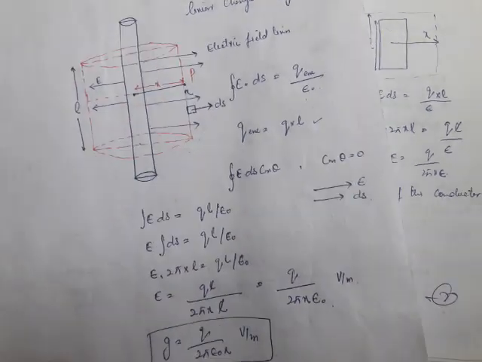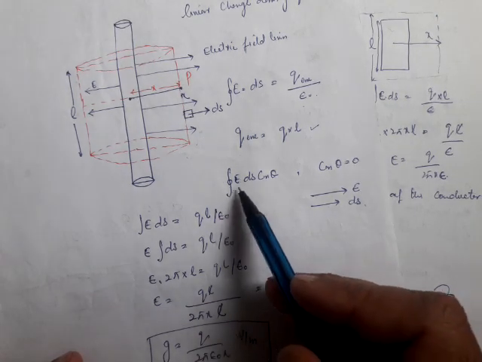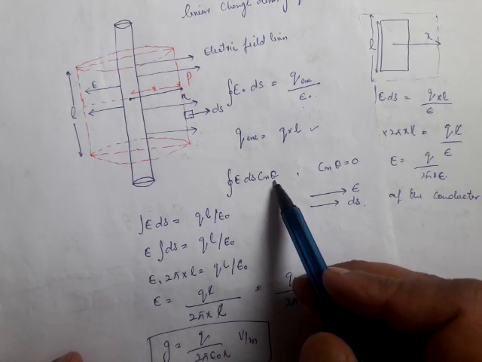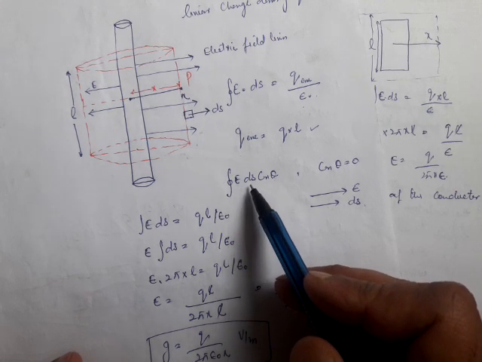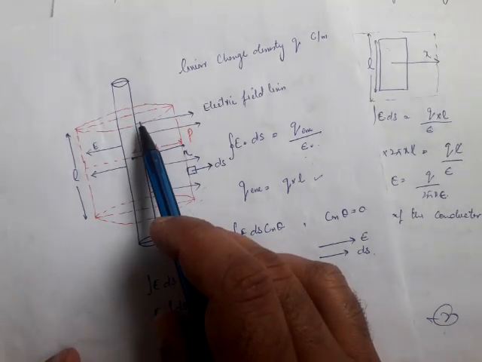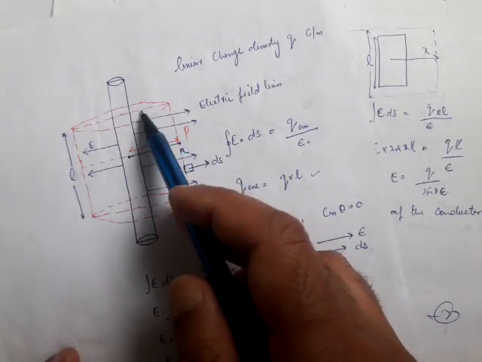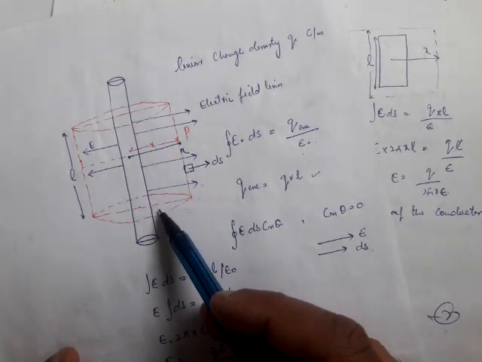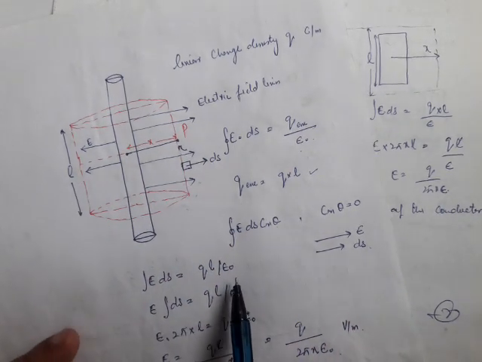One more point. Now we calculate first E dot ds. E dot ds will be equal to E ds cos theta, where theta is the angle between the electric field E and the area vector of ds. Here there are three surfaces. One is the circular surface, which is the end of the cylinder. This is also the other end of the cylinder, and the other one is the curved surface of the cylinder.